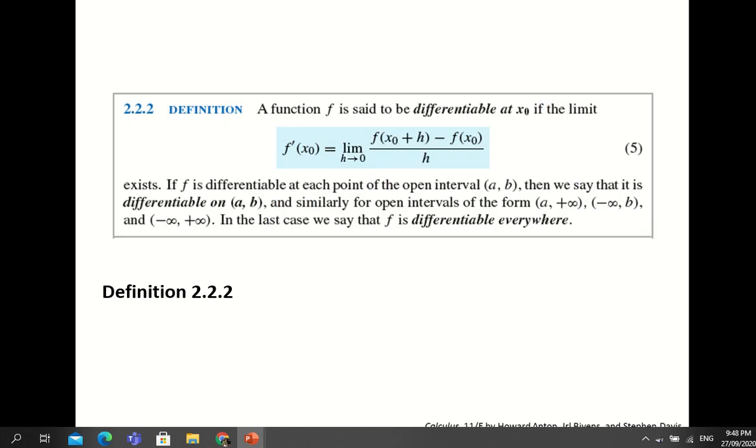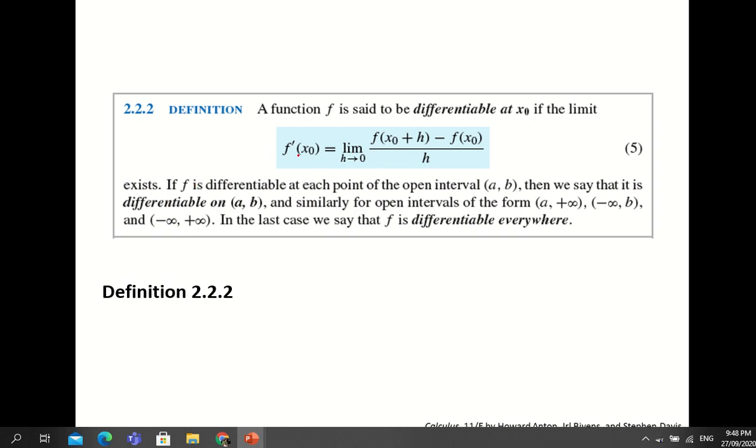Okay. Now we have here another definition. We call it definition 2.2.2. A function f is said to be differentiable at x sub 0 if f prime of x sub 0 equal to the limit of f of x sub 0 plus h minus f of x sub 0, divided by h, as h approaches 0, exists.